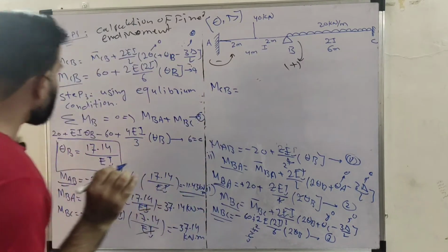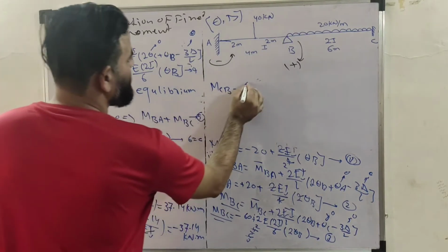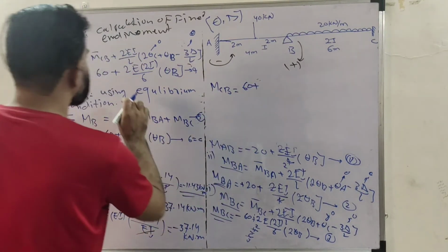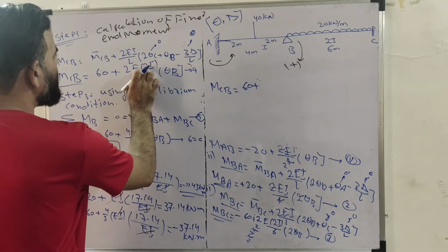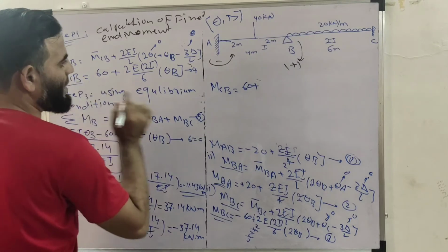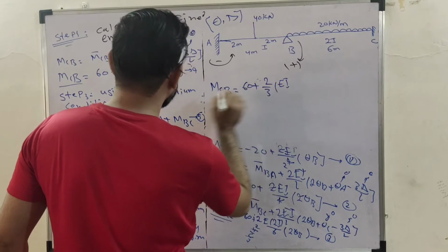The equation of CB is this one, 60 plus 2 by 3 EI theta B. What is theta B?